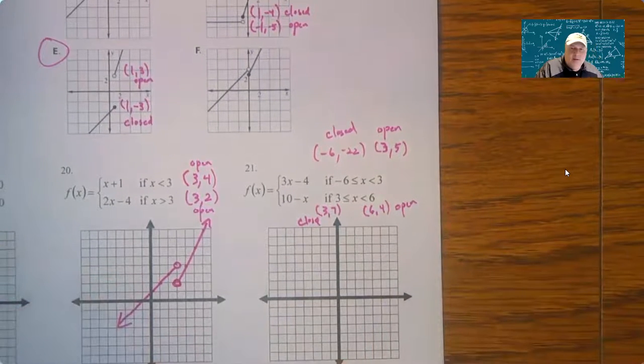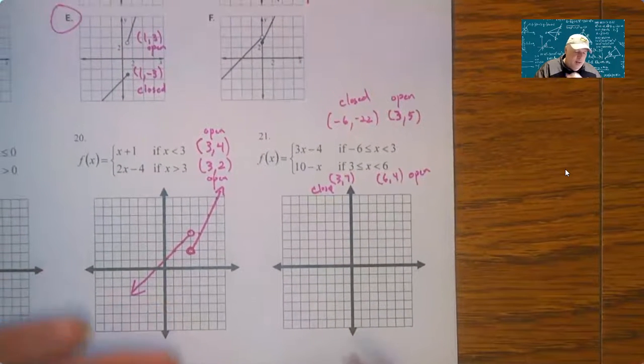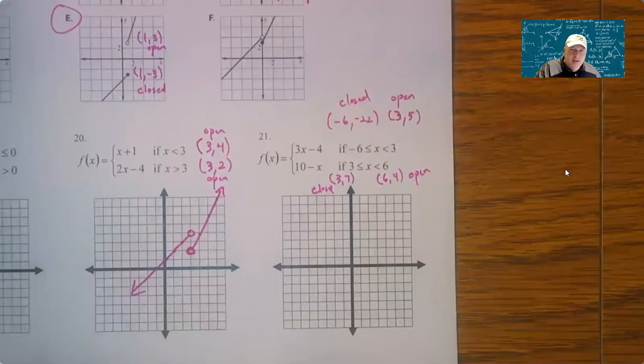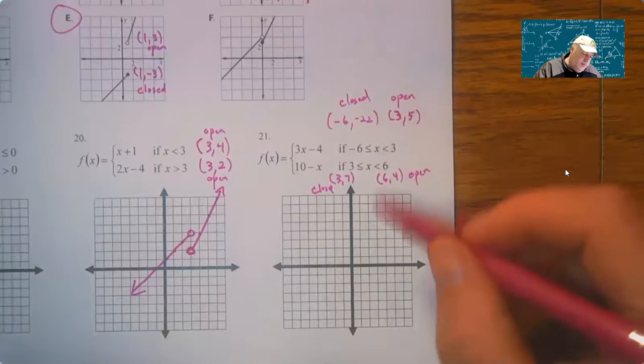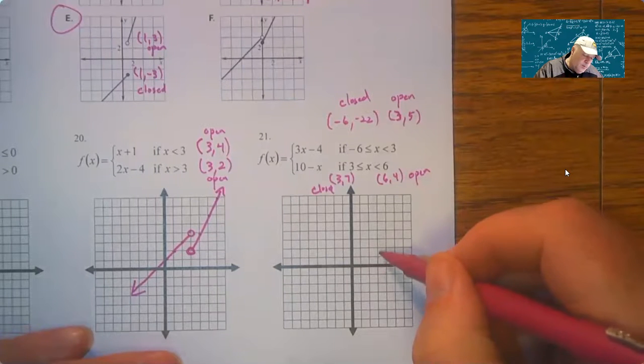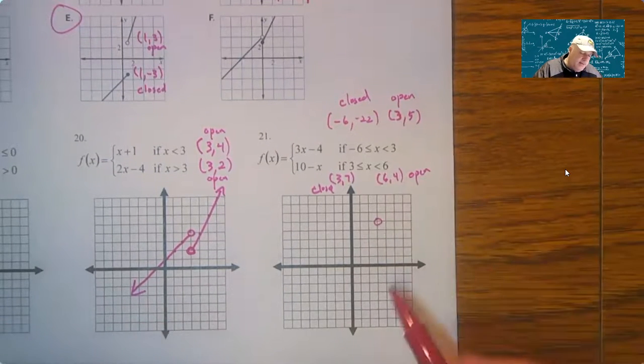So I'll try to get the part of the graph on here that I can, and to show you the idea. So (-6, -22) is off the scaling here, and we could probably rescale it by 2 or 4. I'll try not to do that to show you our idea here. So (3, 5) is open right there, and that's going to end it.